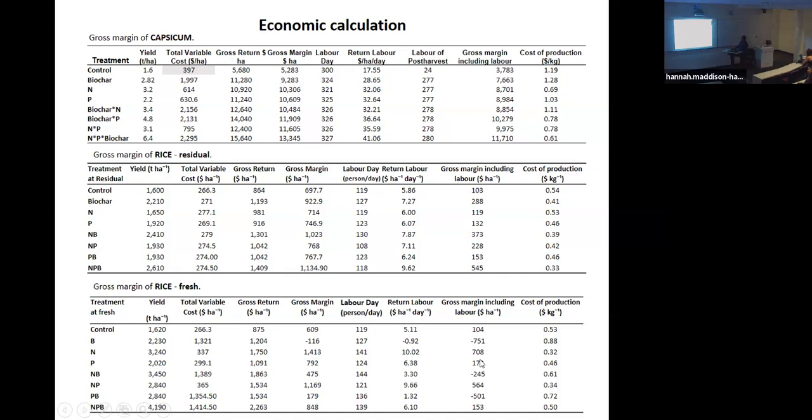So it depends if they have ability to add nitrogen. If not, just relying on the residue, they make big money.